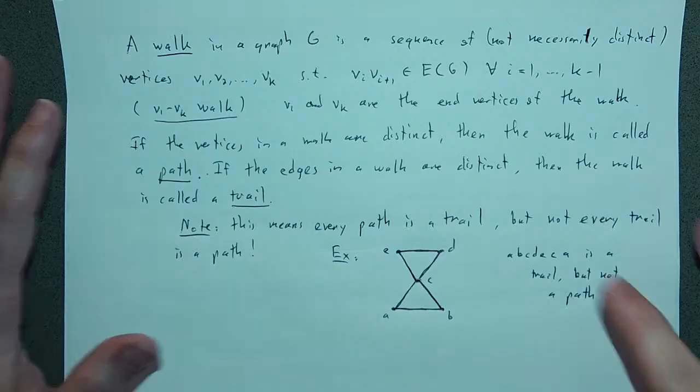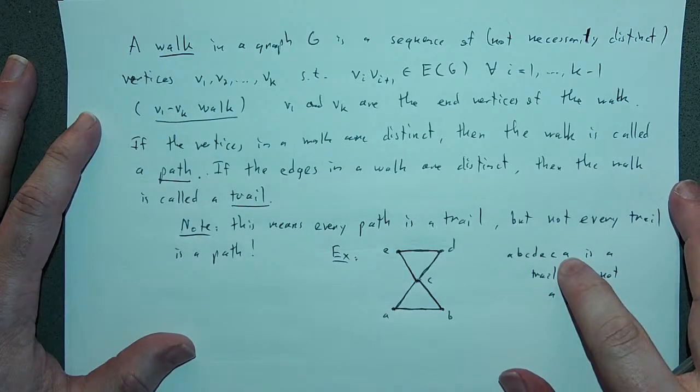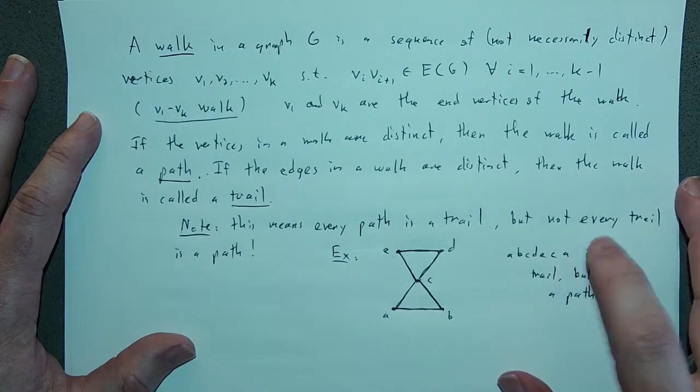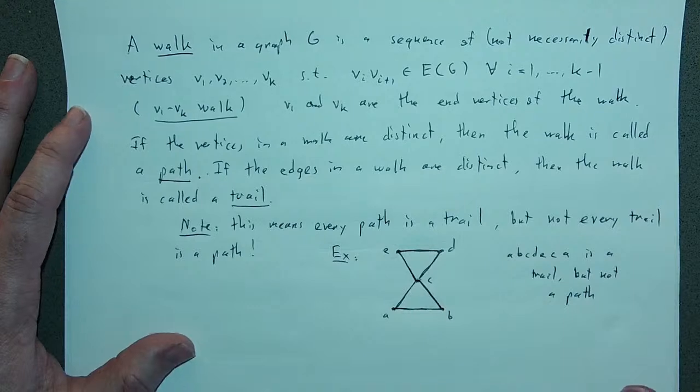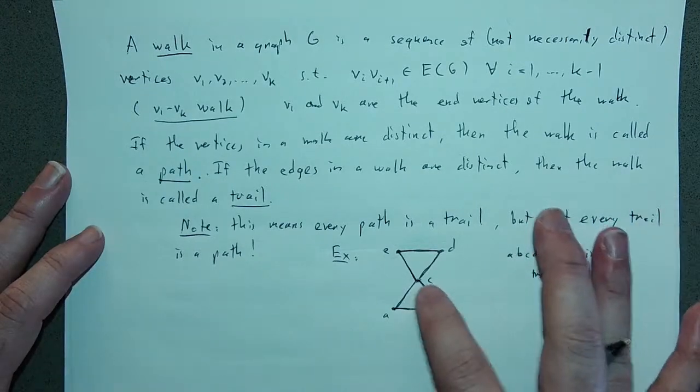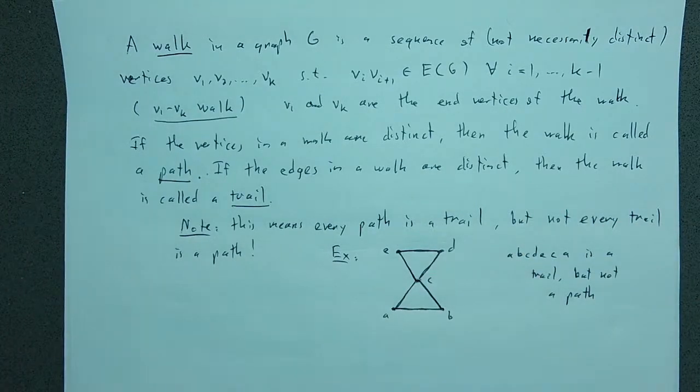You might say, well, this last one, maybe there's some way we can get around that by just including the last edge. But this C repeats itself, right? So there's no fixing this. This is a trail that is not a path. That's it. So every path has to be a trail necessarily, but not every trail is a path. Just something to think about to help your intuition for this sort of thing.